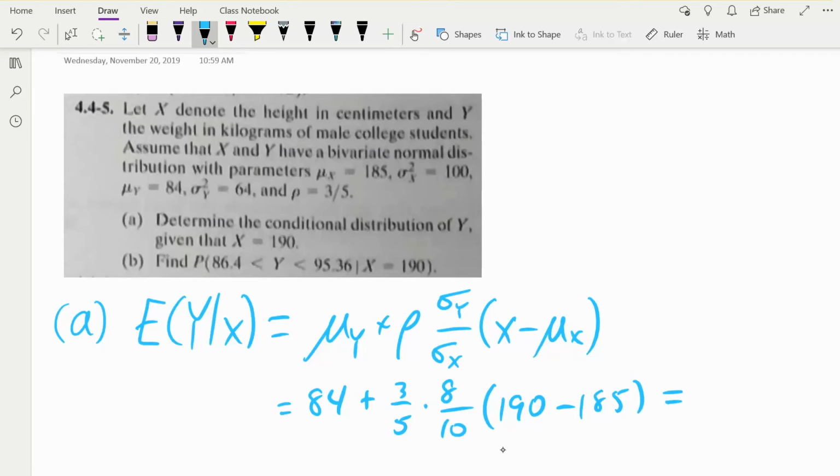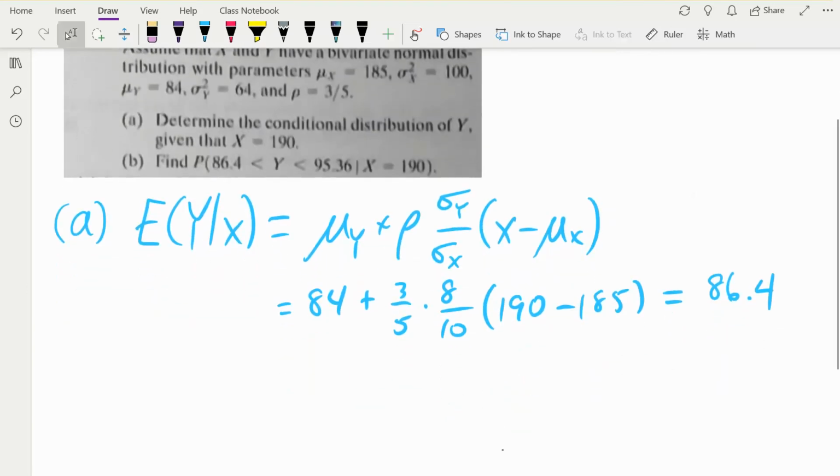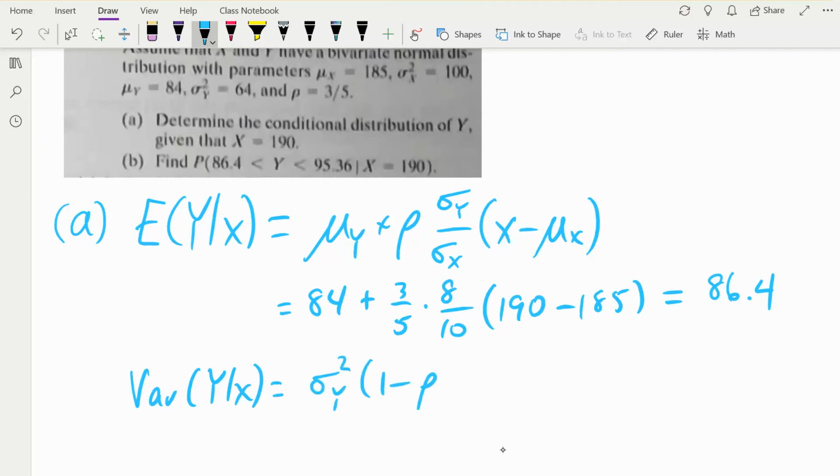I get 86.4. So what did others get? Probably the same. Okay, cool. I like verification. All right. So the variance of y given x is sigma y squared times 1 minus rho squared.